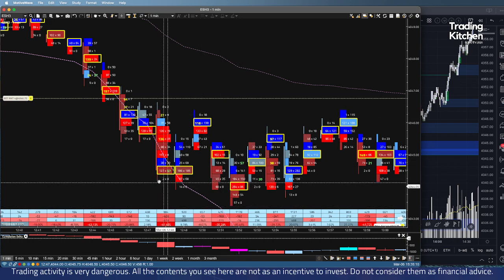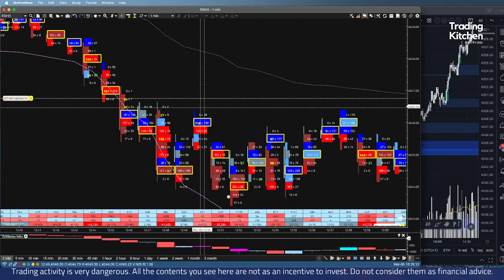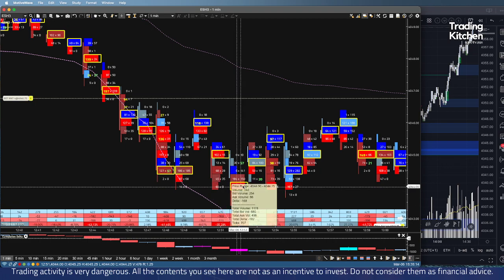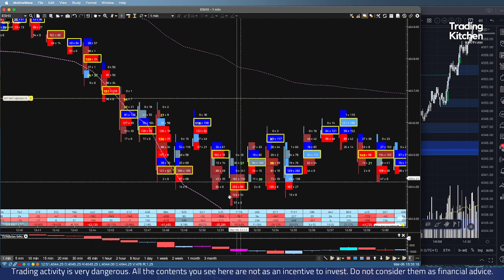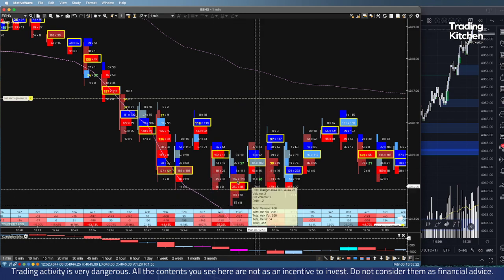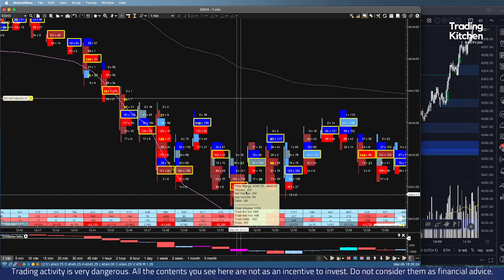Yes, there is a little break with this POC here. The structure has changed, but this is the tail. It means something very strong is happening here.